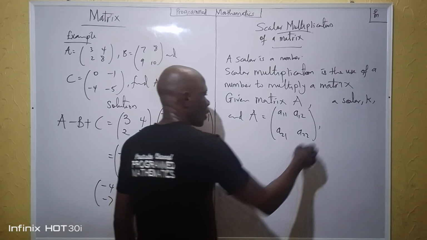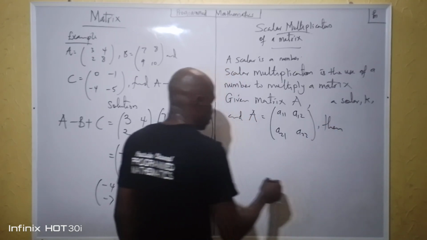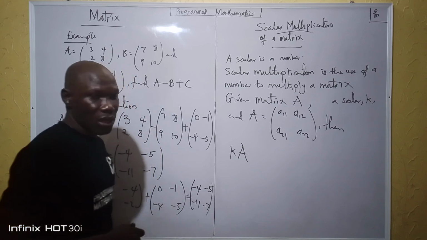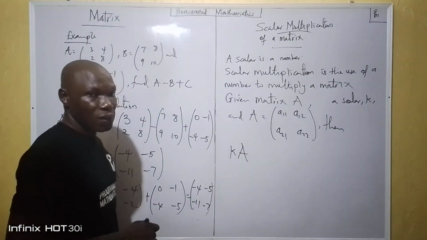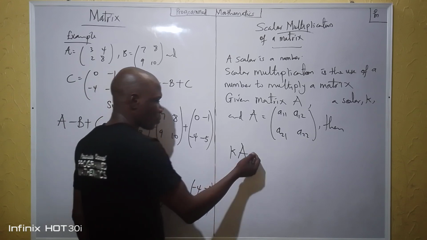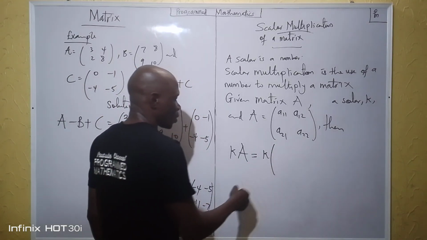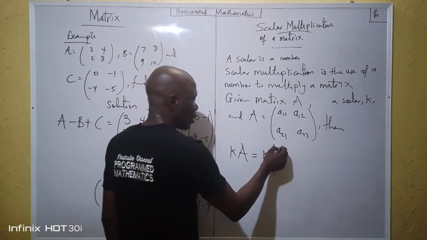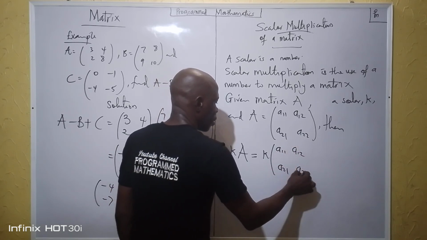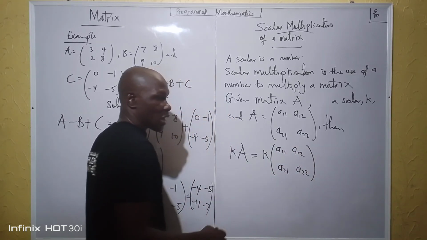Okay, so we can say then kA, because k is a scalar and A is a matrix here. This will mean k multiplied by the elements of matrix A: A11, A12, A21, and A22. What does that mean?